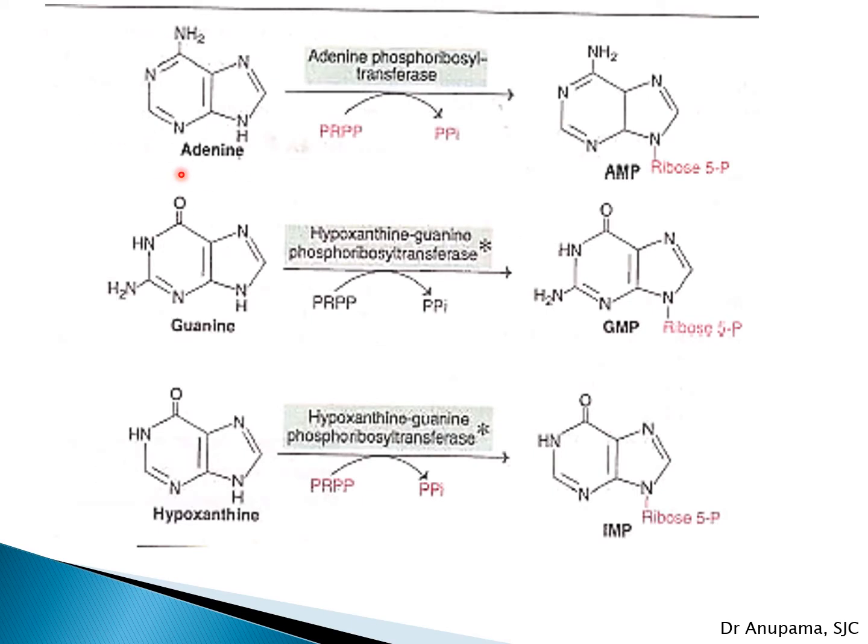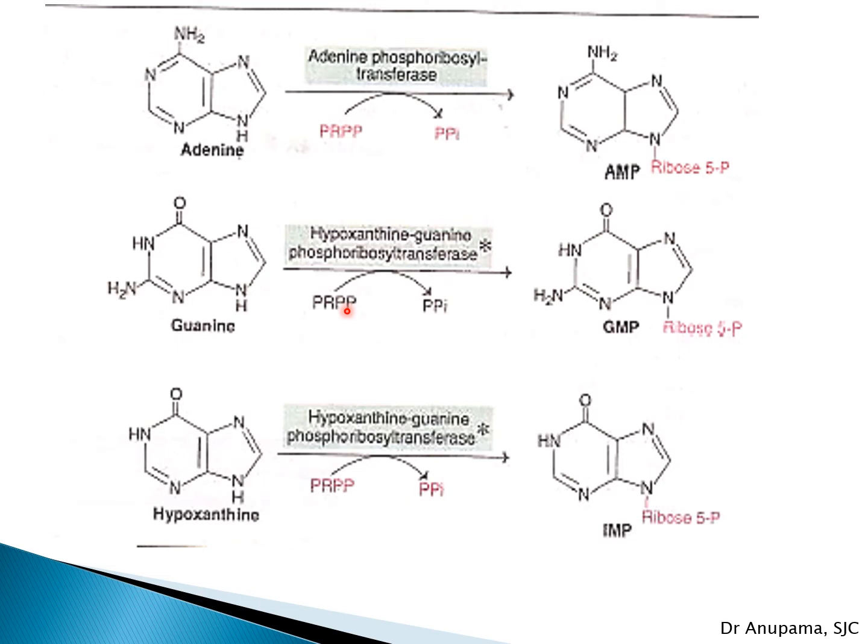So the adenine, which is obtained from dietary sources or from RNA, is transferred with ribose 5-phosphate resulting in AMP, adenosine monophosphate. PRPP becomes the donor for ribose 5-phosphate and the reaction is catalyzed by adenine phosphoribosyl transferase. Same is the case with guanine.